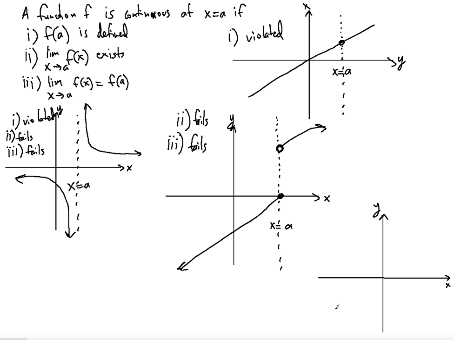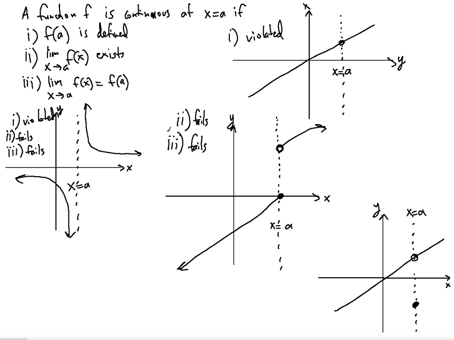Suppose I give you a straight line and there's a hole here, but I will draw a point here. And this will be the line of interest, x is equal to a.